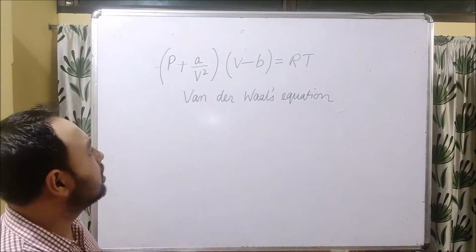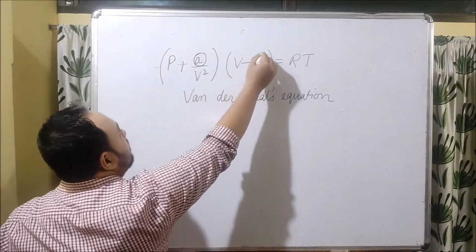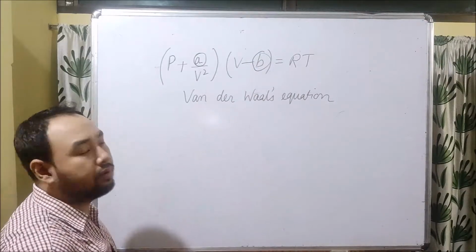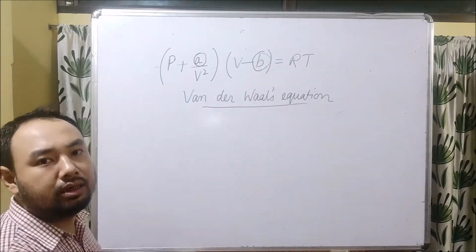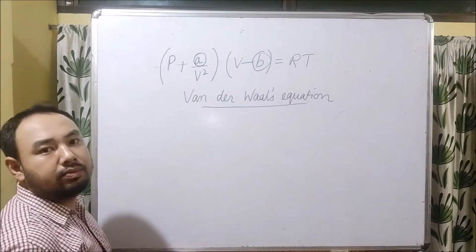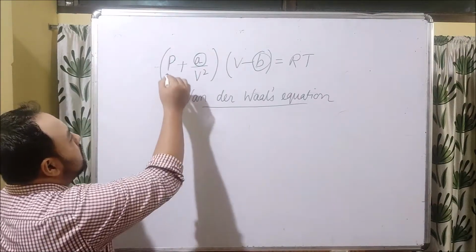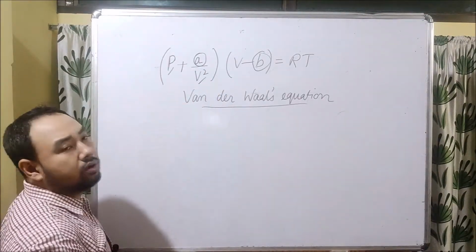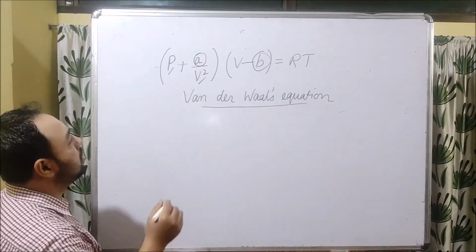So in the next numerical, we will find the dimensions of A and B from this given equation, which is the van der Waals equation. This you will find in your physical chemistry. So first, as I have said, the principle of homogeneity, the two terms over here should be dimensionally equal.